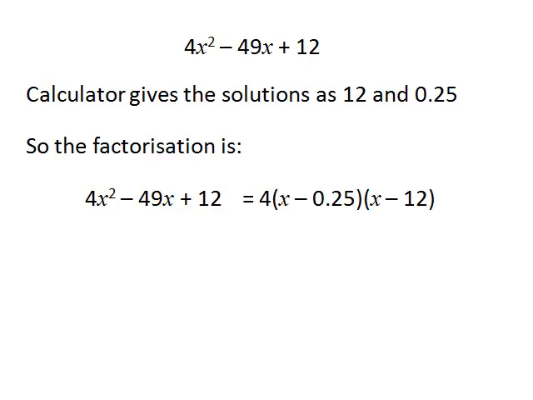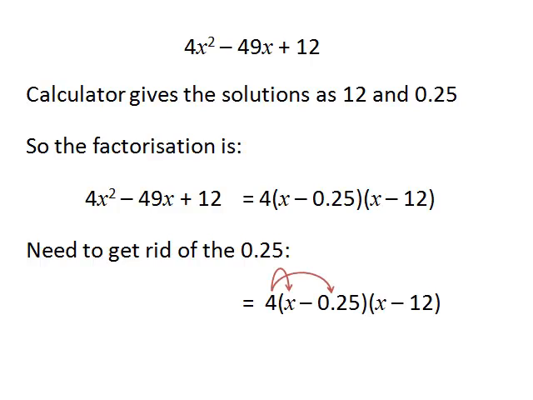Factorise it with their negatives, and that really is the key part of this. You can remember that when you type it in, the solutions are to the equation, the factors are negative. Then we've got to get rid of that 0.25, so we multiply the 4 in, and we're left with 4 times x. 4 times a quarter is minus 1, 4 times minus a quarter is minus 1, x minus 12.